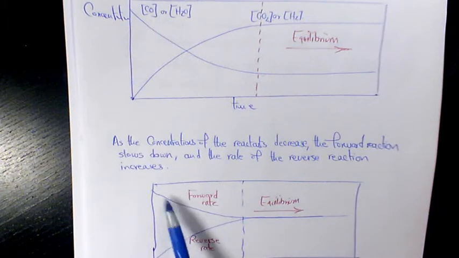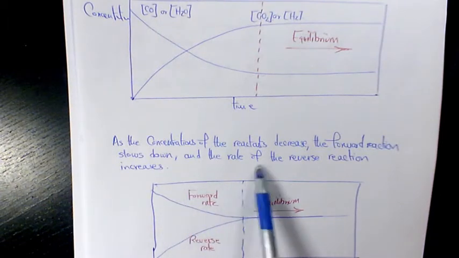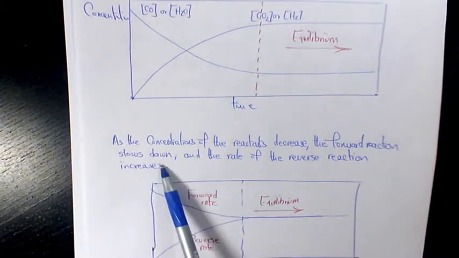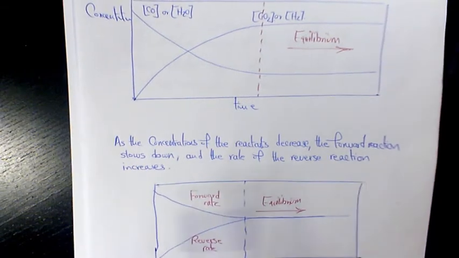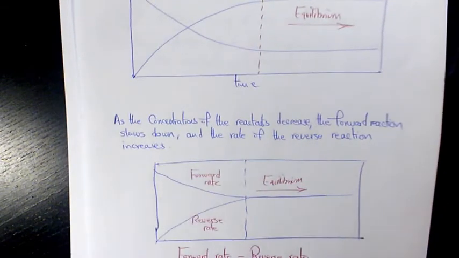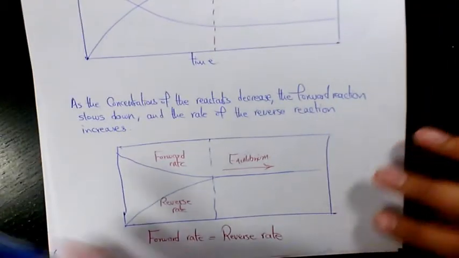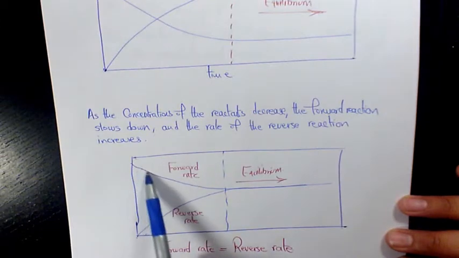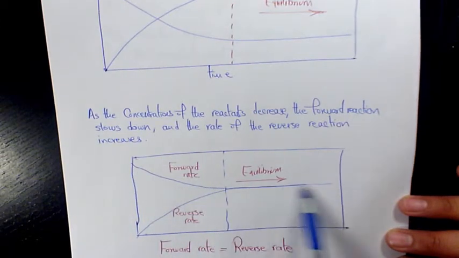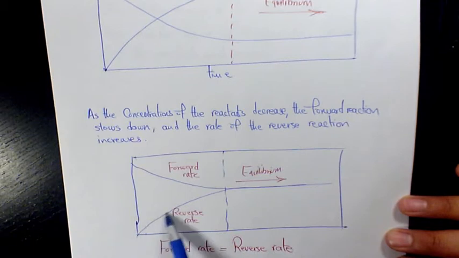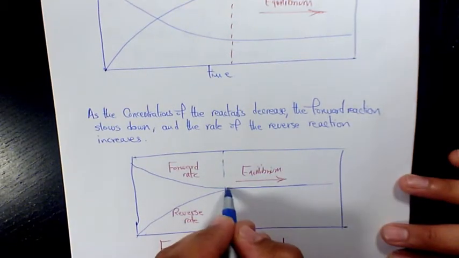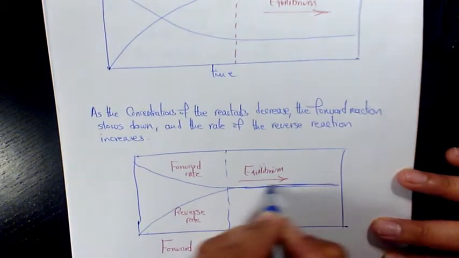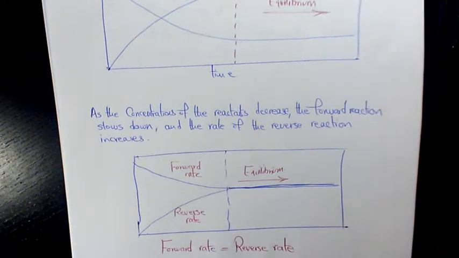As the concentration of reactants decreases, the forward reaction slows down and the rate of the reverse reaction increases, as you see here at the bottom. So over time, the rate of the forward reaction is going down and the rate of the reverse reaction is going up until you get to the equilibrium condition, where the rate of the forward reaction equals the rate of the reverse reaction.